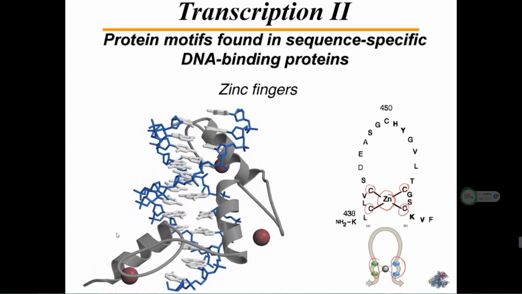So if we considered this protein structure over here, we have the alpha helix. So here's our zinc ion. Okay, and this is an alpha helix that's part of this region over here that's making specific contacts with the DNA using the amino acid side chains. So here's another zinc finger up here and another depiction of one down here.